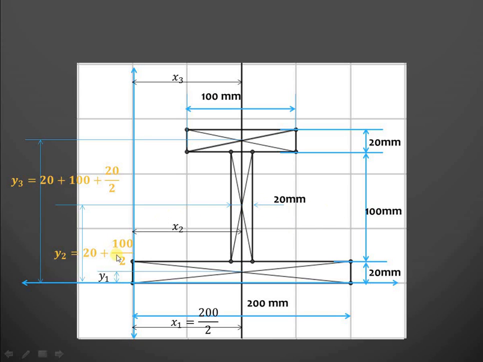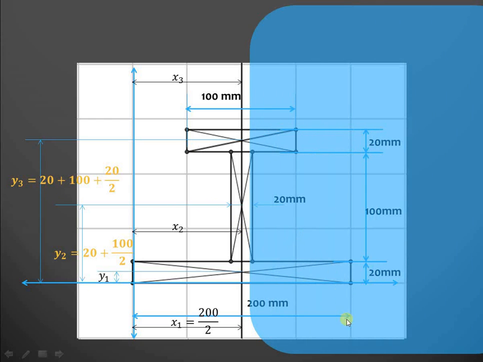So it is 20 plus 100 by 2. Then the distance of the centroid of the third figure from this reference will be equal to this 20 plus 100 plus half of this 20. That is this particular value. So in this way we can calculate the values of x1, x2, x3, then y1, y2 and y3, and then we can easily find out the value of the centroid.